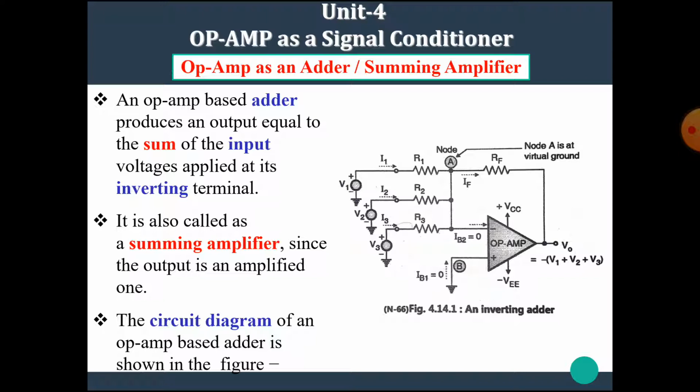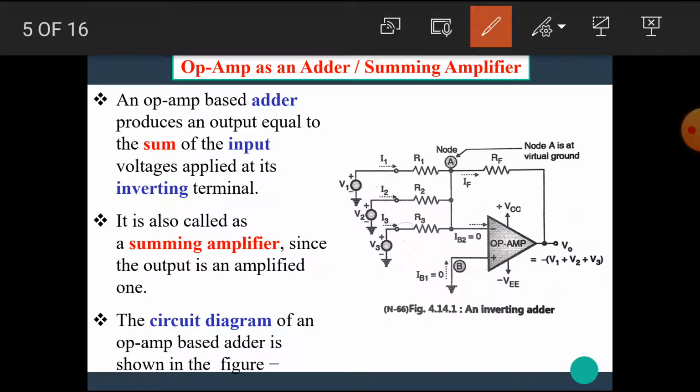First, let's see the op-amp as an adder or summing amplifier. The op-amp based adder produces an output equal to the sum of the input voltages applied at its inverting terminal.